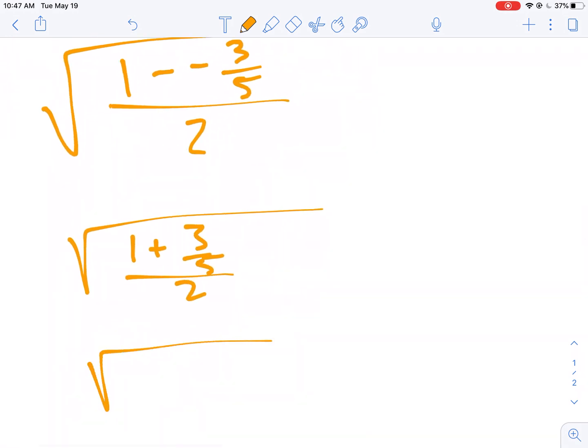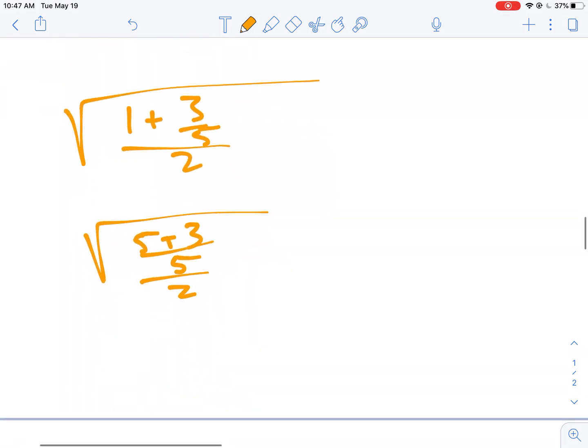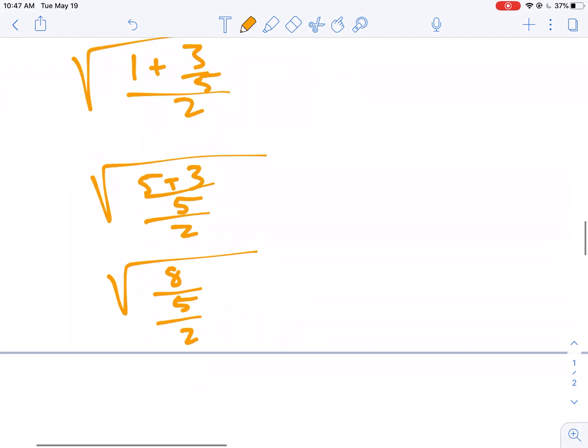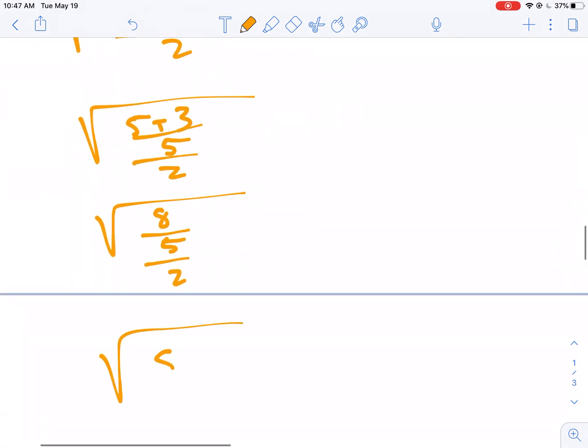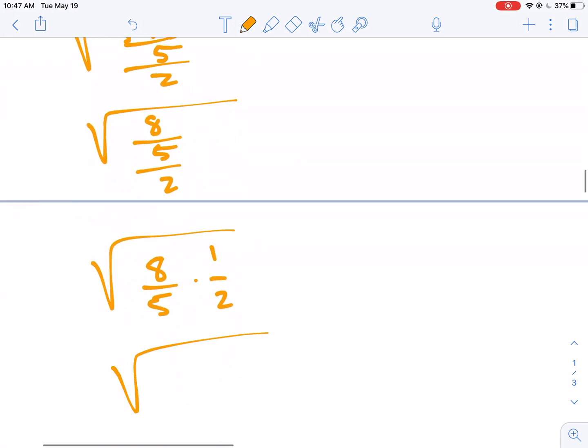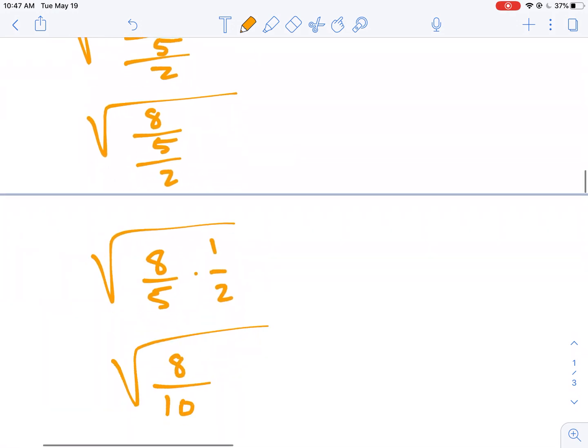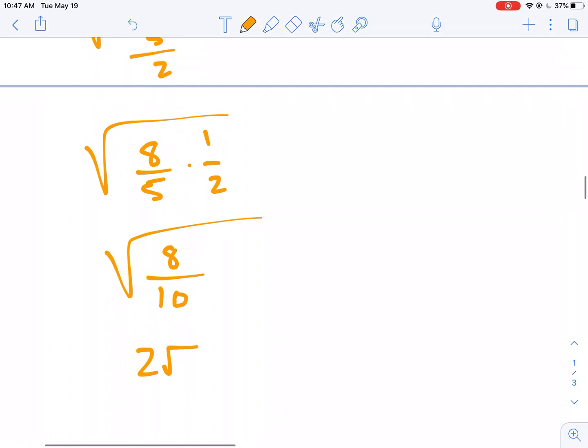This is the square root of (5 plus 3 over 5) over 2, the square root of 8 over 5 over 2, the square root of 8 over 5 times 1/2, the square root of 8 over 10, 2 times the square root of 2 over the square root of 10.